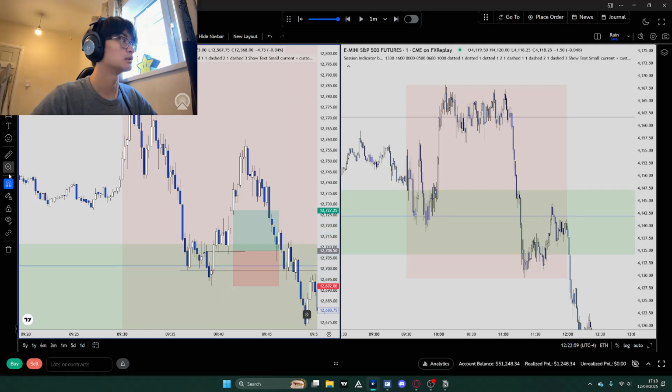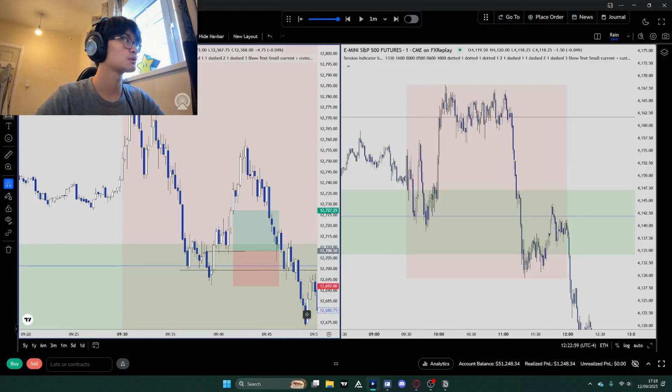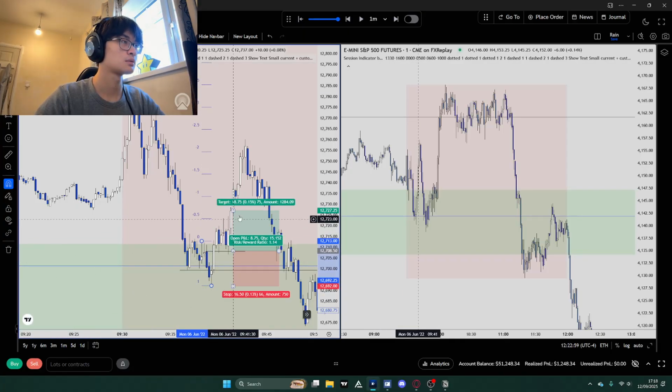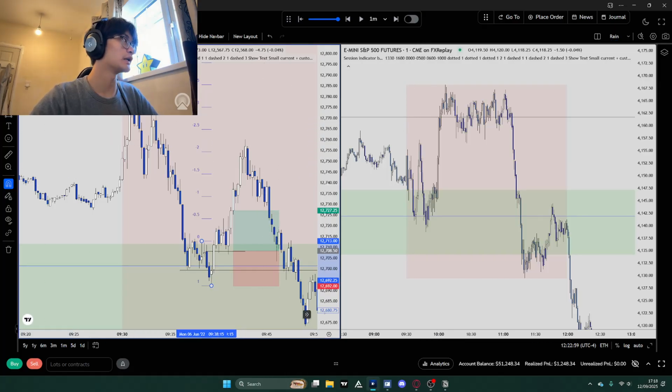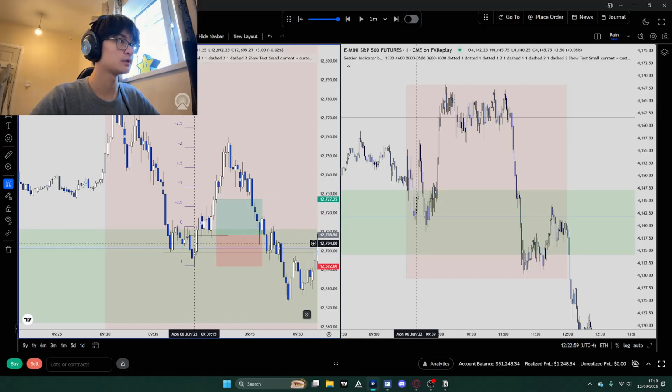Targeting. Let's do standard deviation here. So -2 did get hit, and yeah, they should deliver.